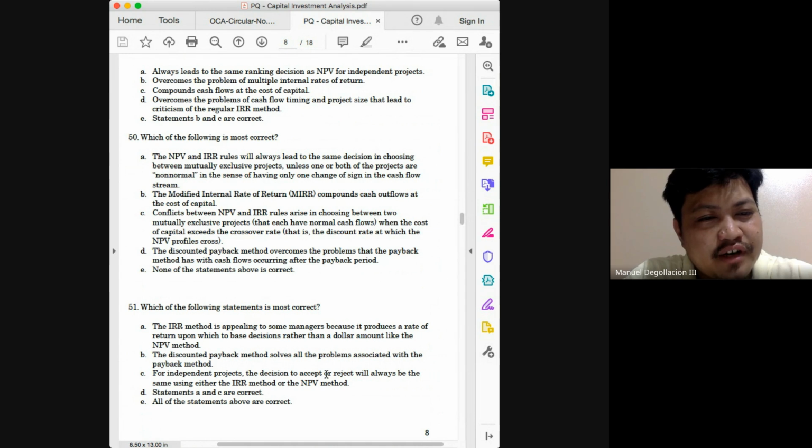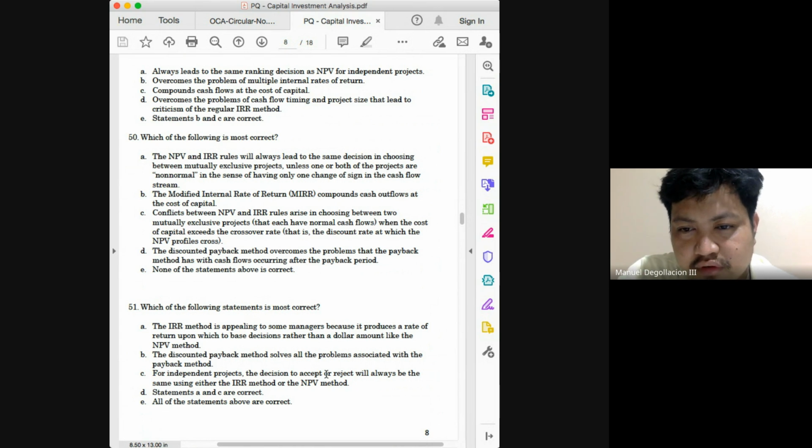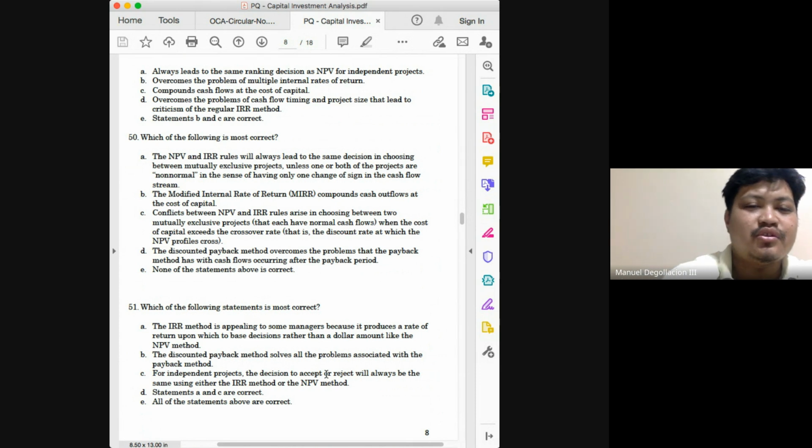That's wrong. The modified internal rate of return compounds cash outflows. Letter B is wrong because you do not compound the cash outflows, you compound the cash inflows.